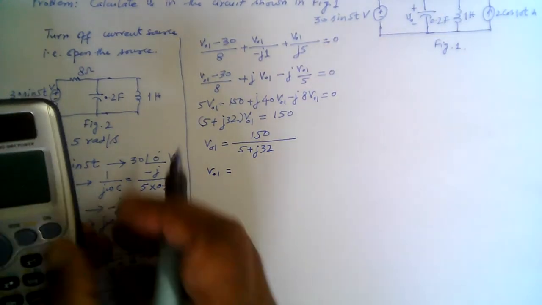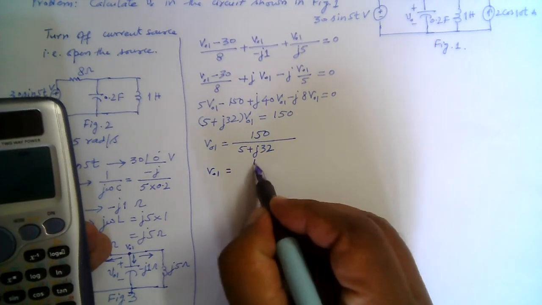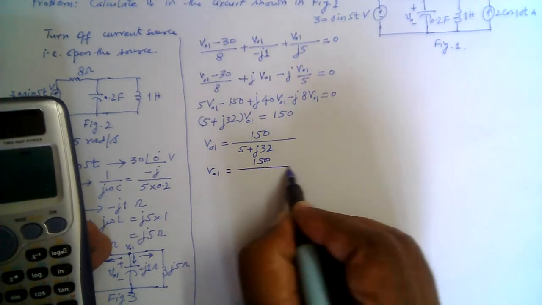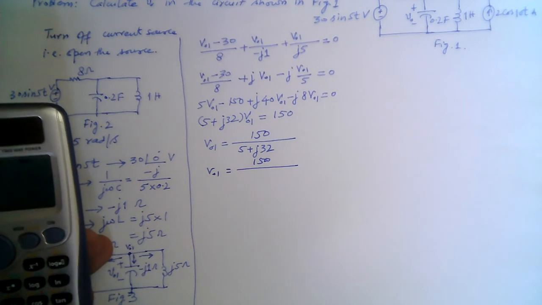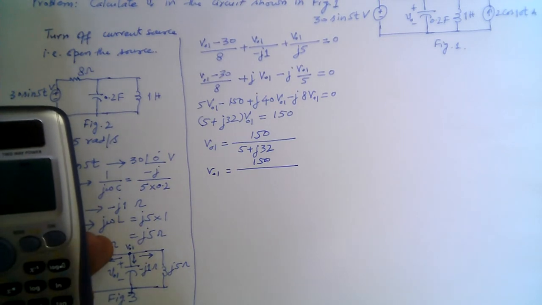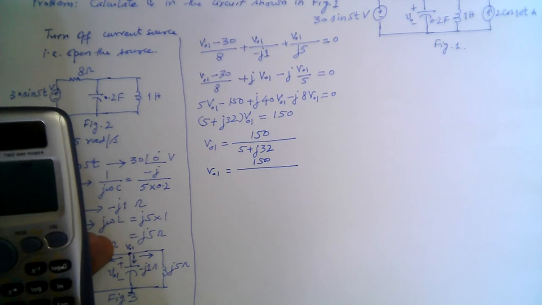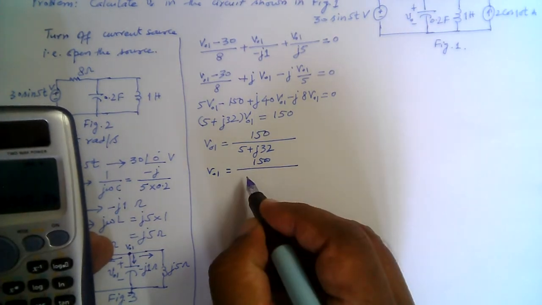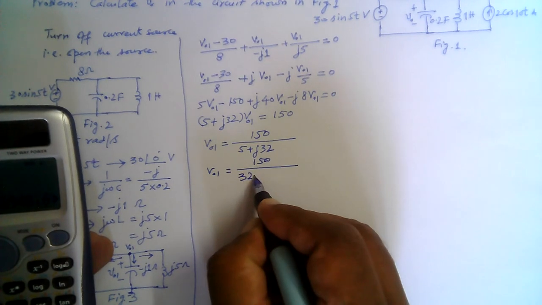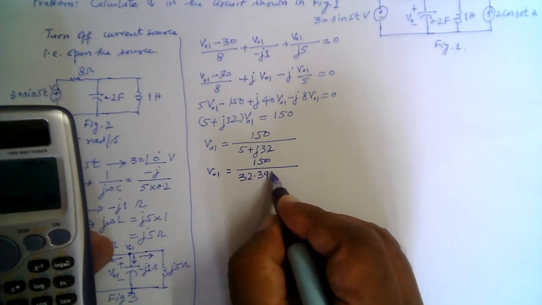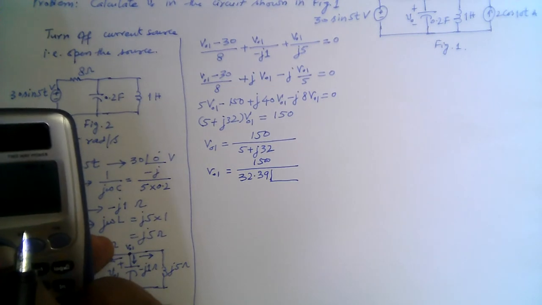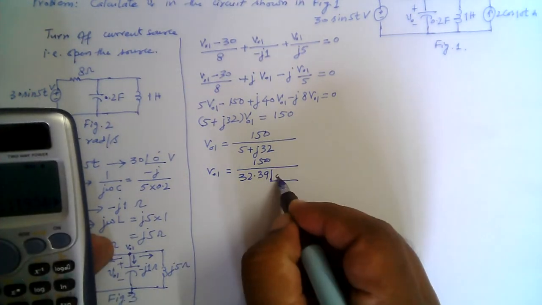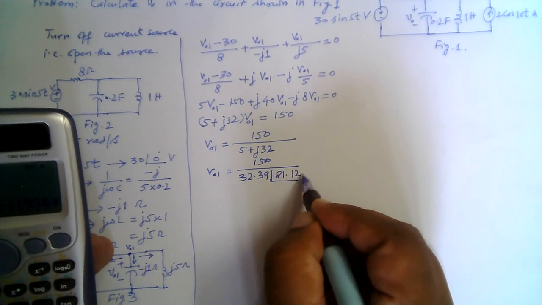So 150 divided by, let's transform 5 plus J32 to polar, that is basically 32.39, and the angle is 81.12 degrees.